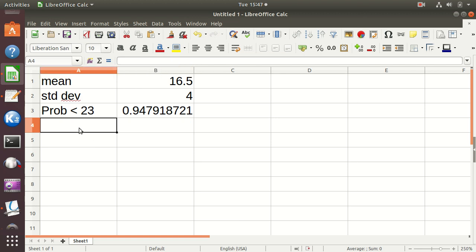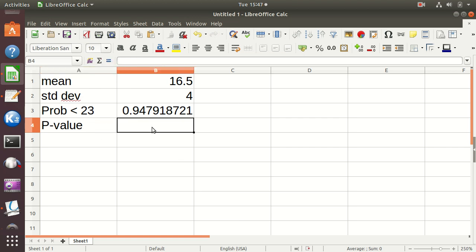But then I can get my p-value simply by, you know, my p-value is this area. Well, I just take 1 minus the area I found. So I'll say equals 1 minus that number. And I would get a p-value of actually right around 0.05 if these were the right numbers. In which case, I wouldn't split hairs.